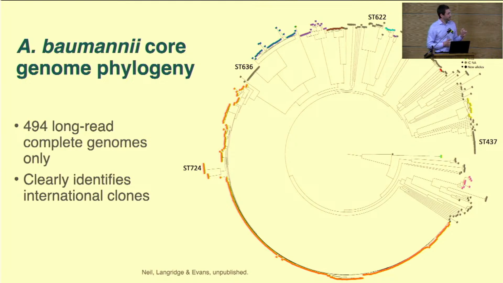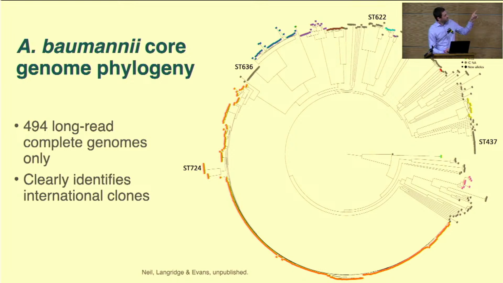And the first thing we did is just phylogeny, because I like phylogenies, and because we wanted to check that we get the population structure we would expect for this species, which we do. You can see from the figure here, the large orange clade around the bottom and side, that's international clone 2, which is by far the most common clone in this species. And then we have a number of other clones represented by the different colors.